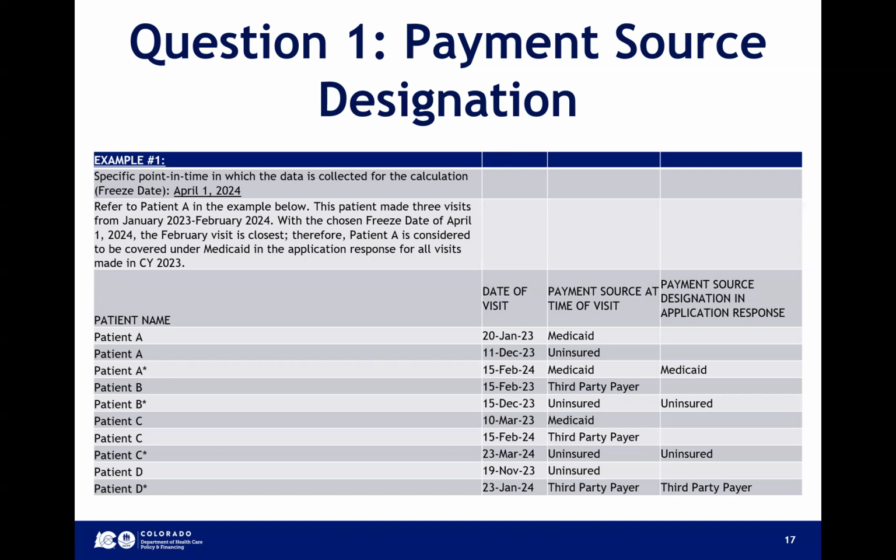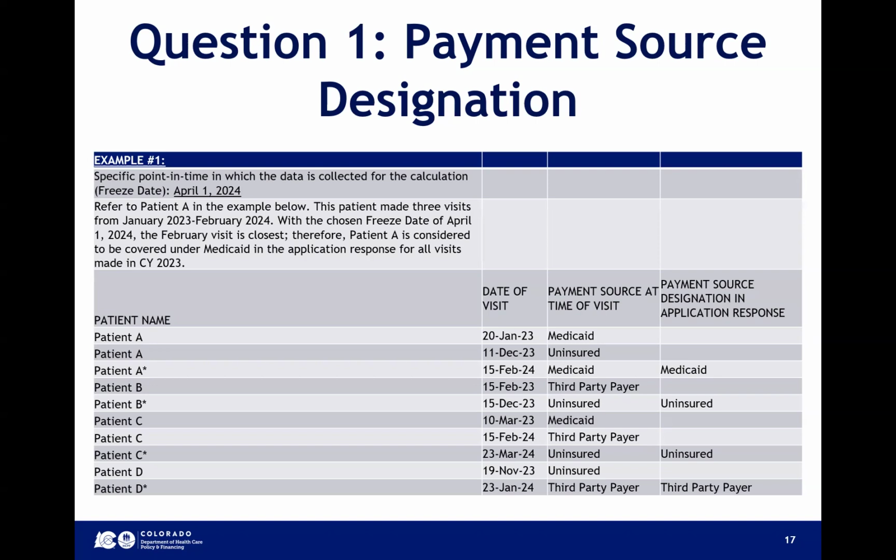They were seen again on December 11th, 2023, at which point in time they were uninsured. February 15th, 2024, they had Medicaid, and that is the appointment that you're going to be looking at because that appointment is the last appointment closest to the freeze date. So that patient's payment source designation in your application response would be Medicaid.